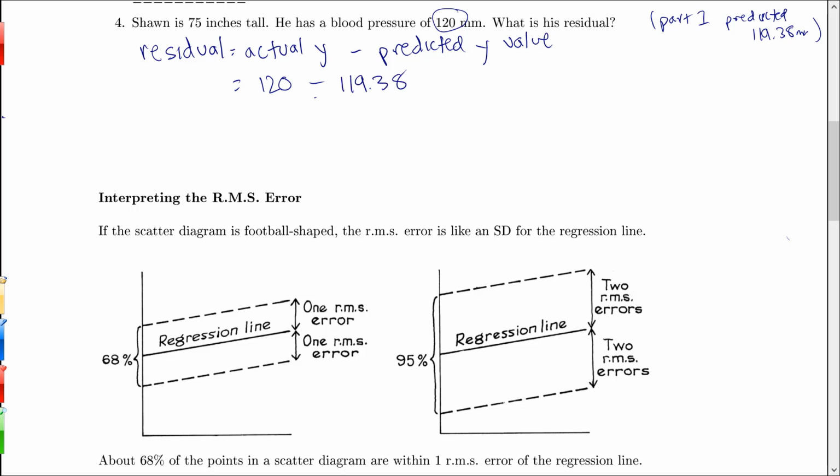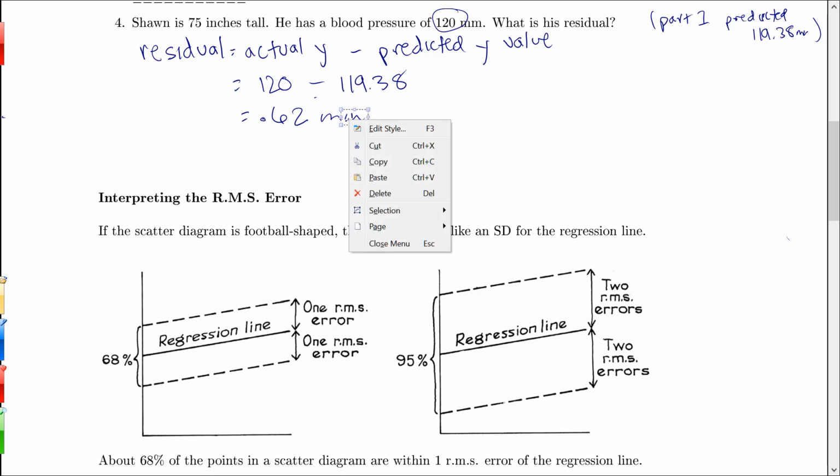So in our case, we just have to do 120 minus 119.38. This gives us 0.62 millimeters. Now, it's interesting to note the predicted value, that's always the line. So he was 120, the predicted was 119.